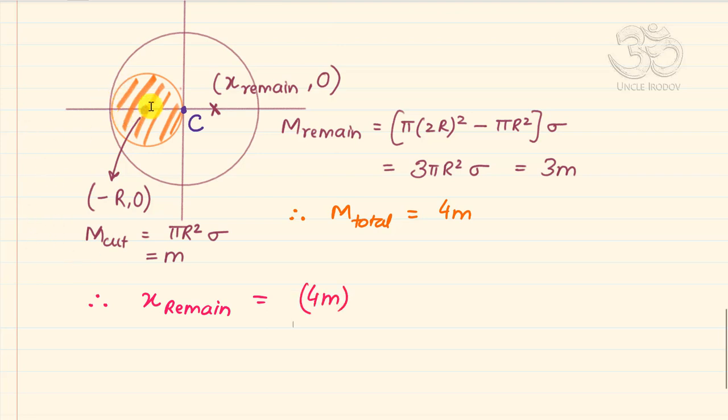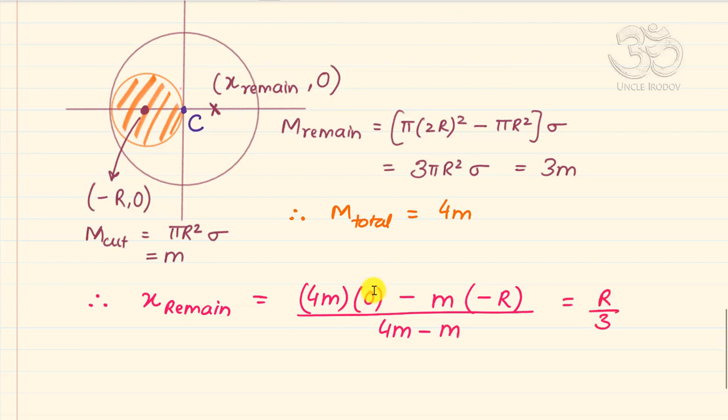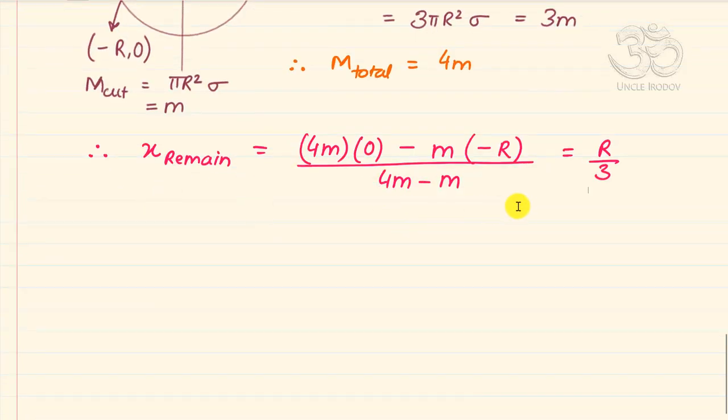Now for these two parts, if I take the remaining part and this small part, the combined center of mass is going to be at C, which is the origin, so 0. So m total x total minus m cut x cut divided by m total minus m cut, which is going to give you r by 3. And so you have found out the answer to this particular problem.